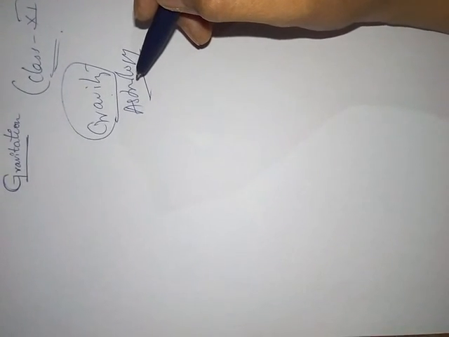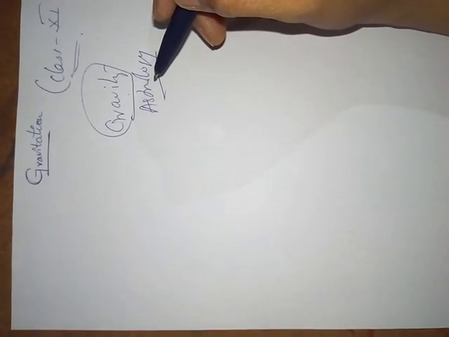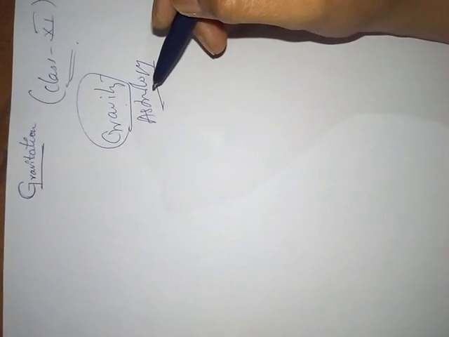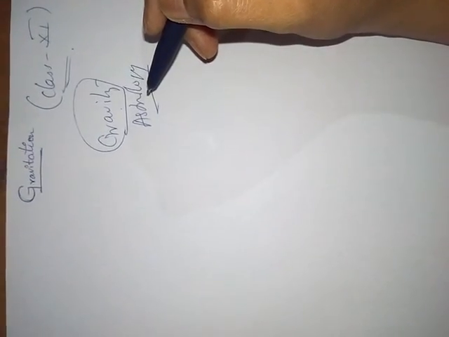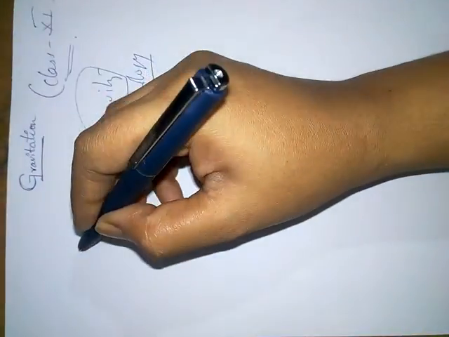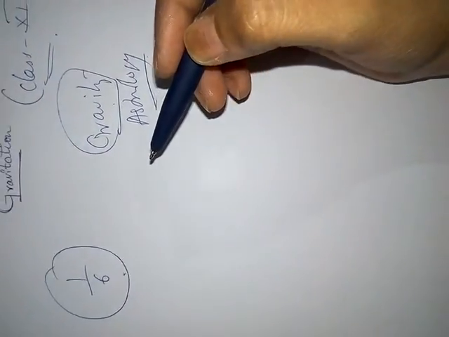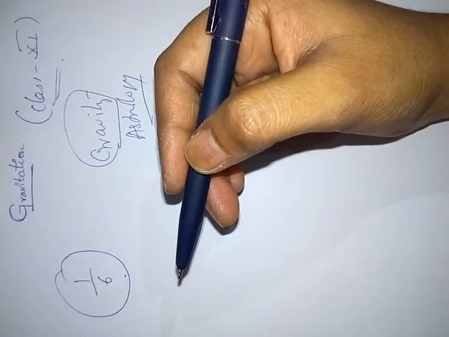But it's not so in the case of our natural satellite, the moon, or in a spacecraft. Why? Because of the difference in gravity. You might have studied in your earlier classes that the gravity on the moon is 1/6 times that of gravity on earth. And that is why we have to deal with gravitation.